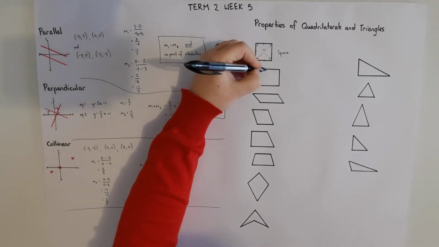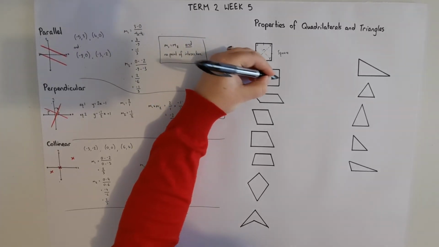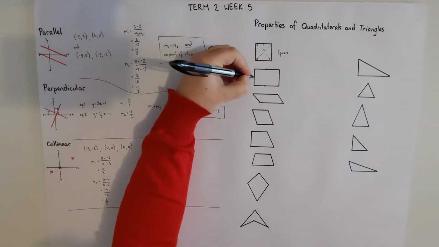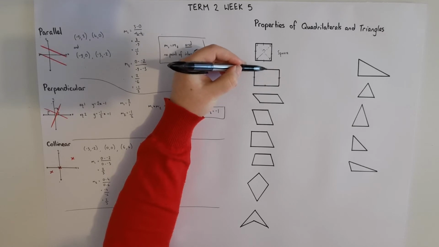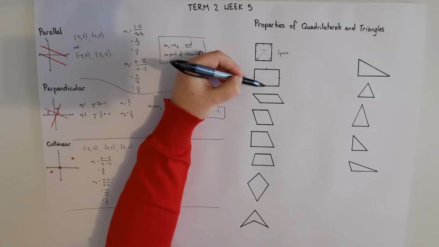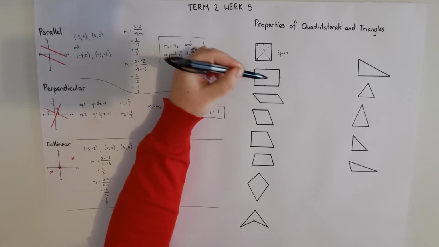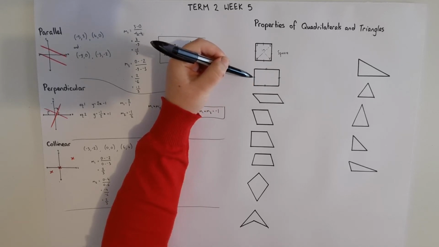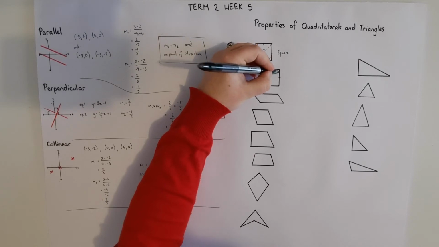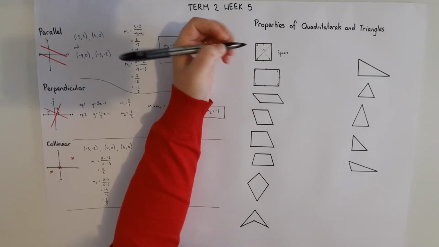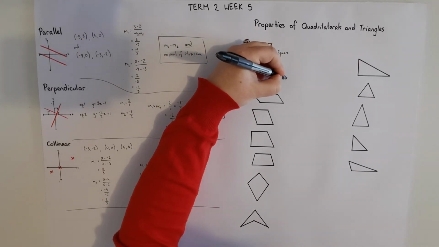Next one down. Here we see that opposite sides are of equal length. These two longer ones are equal to each other, but are not equal to the shorter ones, which are equal to each other. Angles are all still equal at right angles. We know this to be a rectangle.